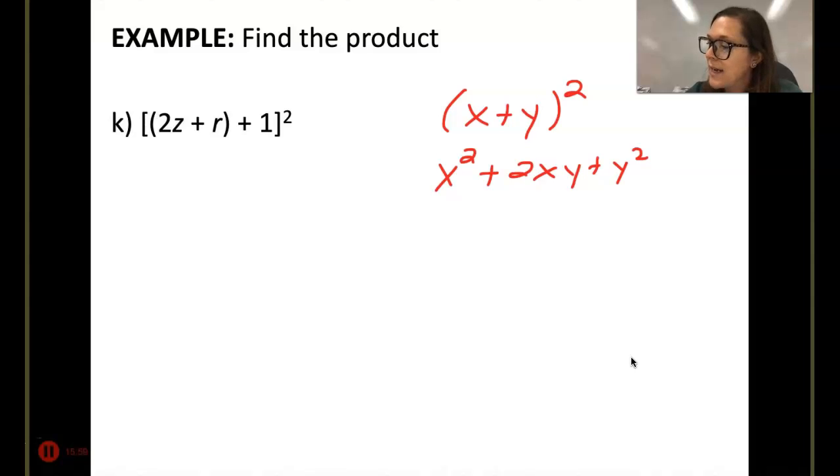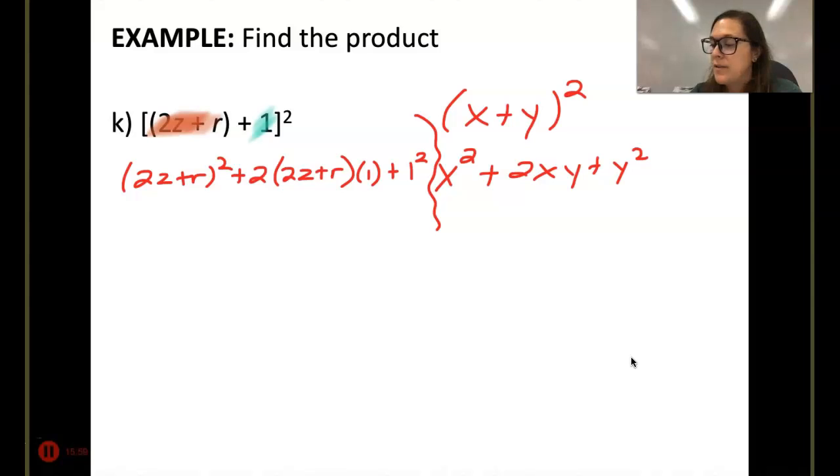So here is your x, the red. Here is your y, the 1. So squaring the red, 2z plus r squared, plus 2 times my red times my blue, plus my blue squared, which would be 1 squared.